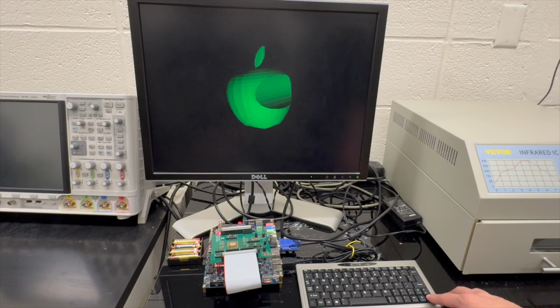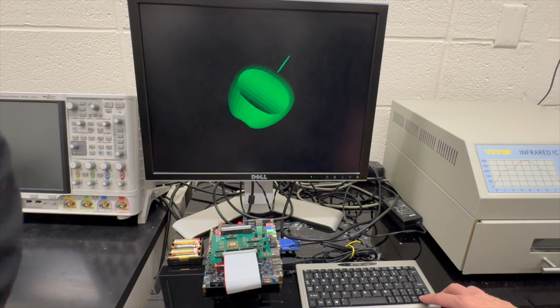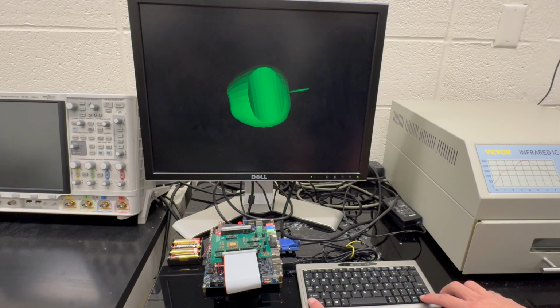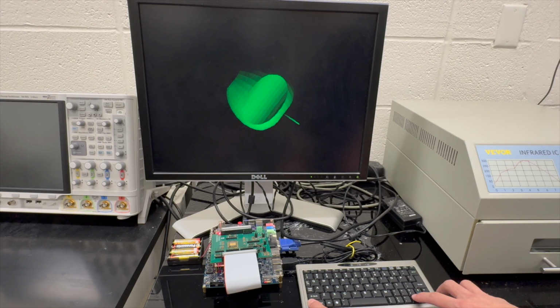Now let's look at some of the basic functionalities of our chip. First of all, rotations around different axes. And light direction changing.